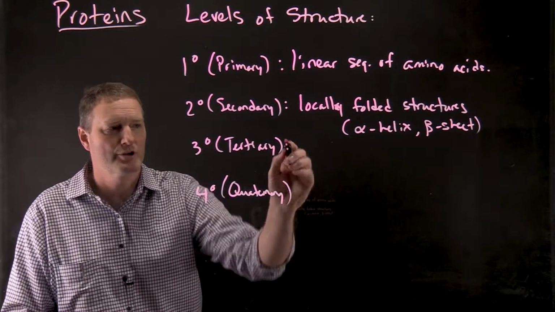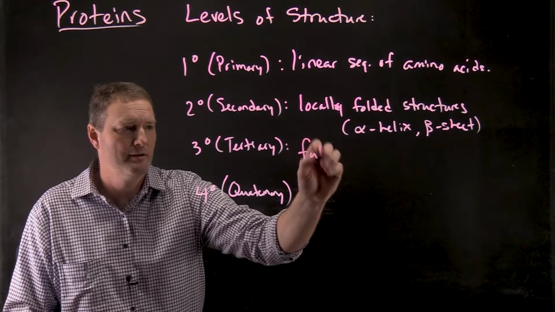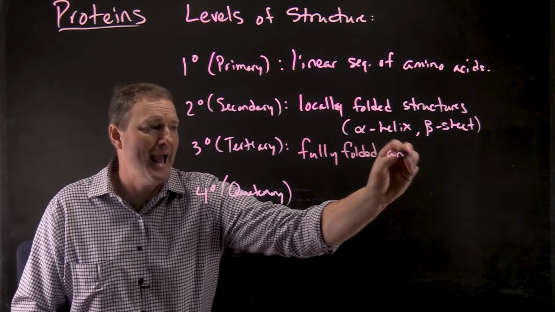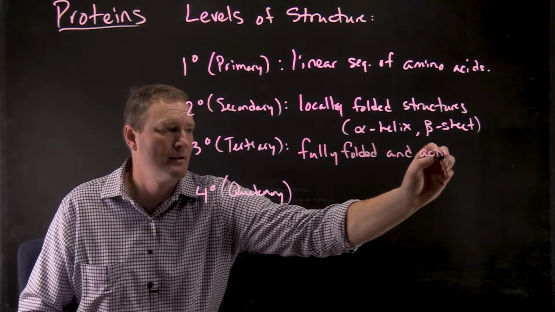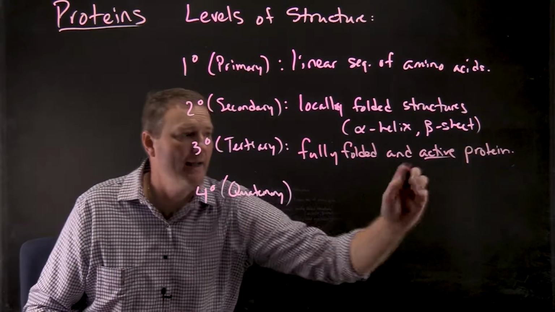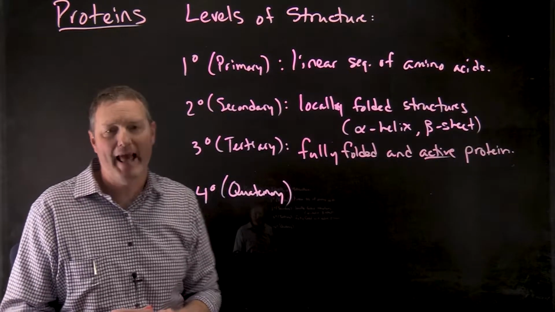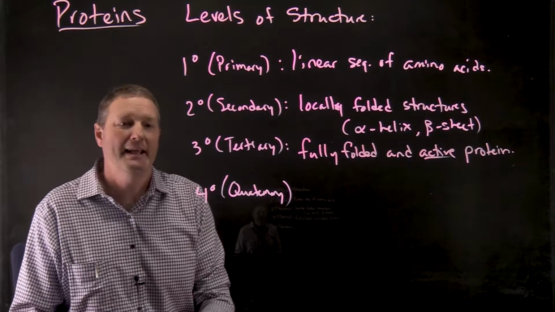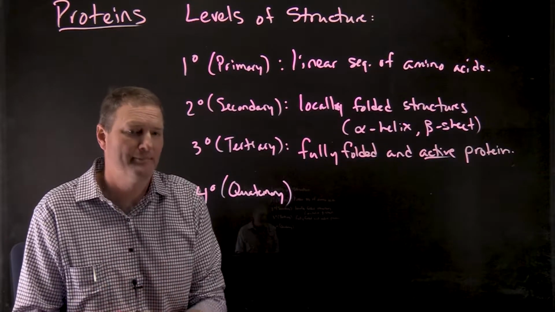Tertiary protein structure would be the fully folded and active protein. I like to include this and active part because in order for a protein to actually do its function, it has to fold up in the correct way.